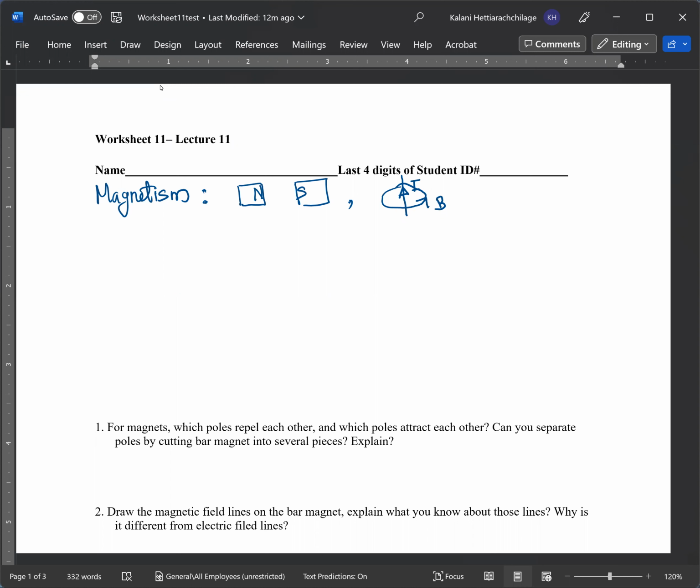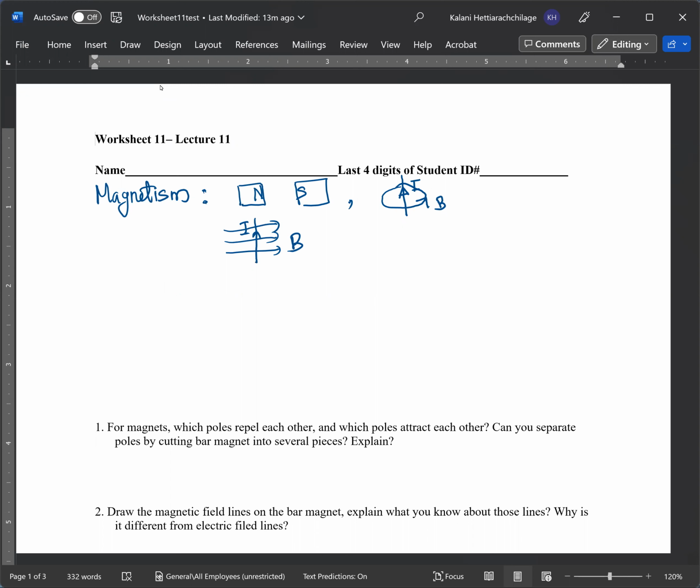moving, right? One example is if I have a current carrying wire inside a magnetic field. When you bring a current carrying wire into the magnetic field, this wire will feel a force, and because of that the wire can bend outward or left or right, depending on the magnetic force direction.